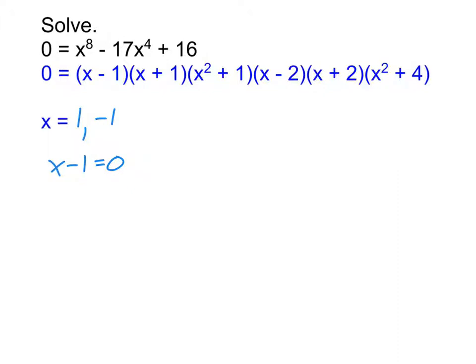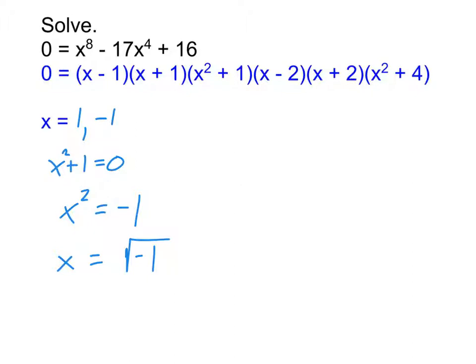Next up, though, we hit x squared plus 1. That has to equal 0. Now, this one actually is a little bit trickier. Because if I have x squared plus 1 equals 0 and I try to solve that, subtracting 1 from both sides, I'd have x squared equals negative 1, which means that x equals the square root of negative 1. Technically the plus or minus square root of negative 1, but I'm not going to worry about that at the moment. Because I just want us to remember, what's the square root of negative 1? i.